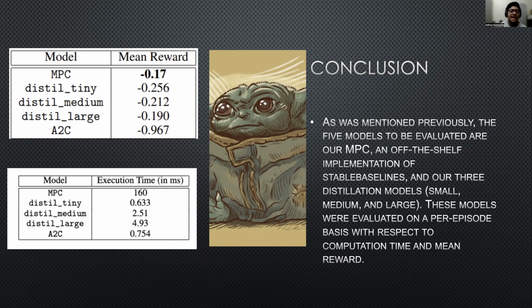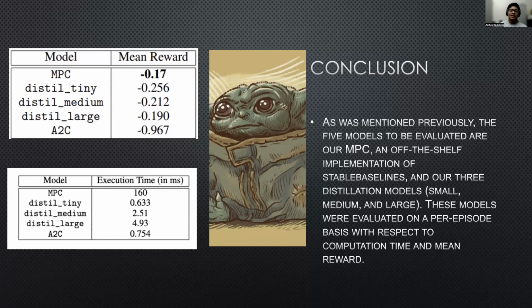We can see MPC has the lowest mean reward, which is negative L1 distance, so the lower, the better. MPC has the lowest, which is good. As we go from tiny, medium, to large, they slowly get closer to the MPC: large is the closest, medium slightly further, and tiny is even further than that. But A2C does the worst out of all of them by far, like 3 or 4 times worse than all the other models.